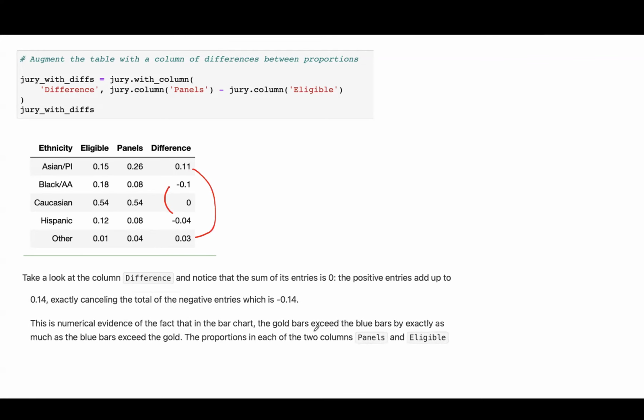Well, we don't want this to be zero, so we have to take the absolute value of the difference. The proportions in each of the two columns, panels and eligible, add up to 1 or 100%, and so the give and take between their entries must add up to 0. To avoid cancellation, we drop the negative sign by taking the absolute value.